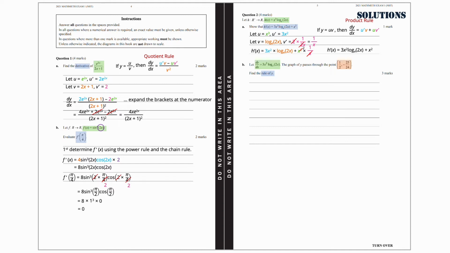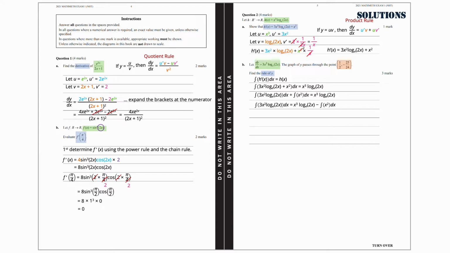From part A, we know that the integral of h dash of x dx equals h of x. We substitute these two functions with their expressions. And then on the left-hand side of this equation, we separate the two terms into two different integrals. We move the second integral to the right-hand side of the equation.